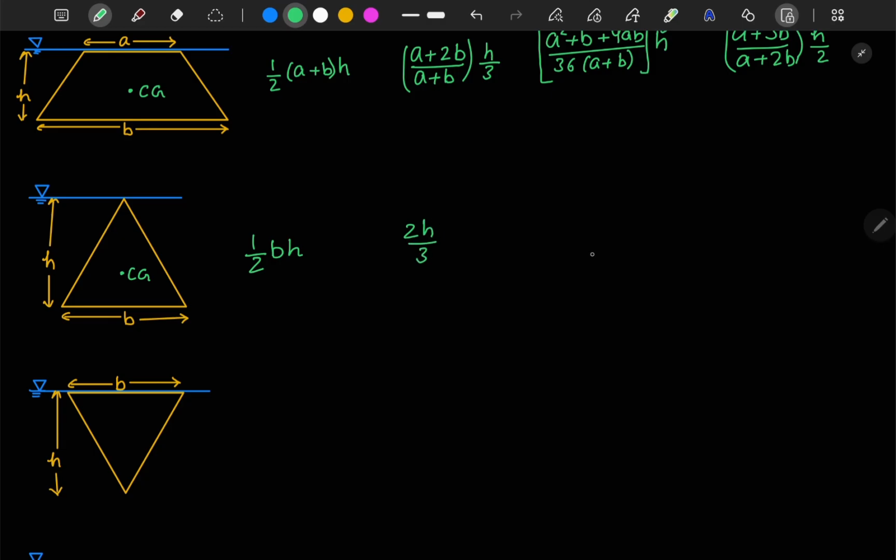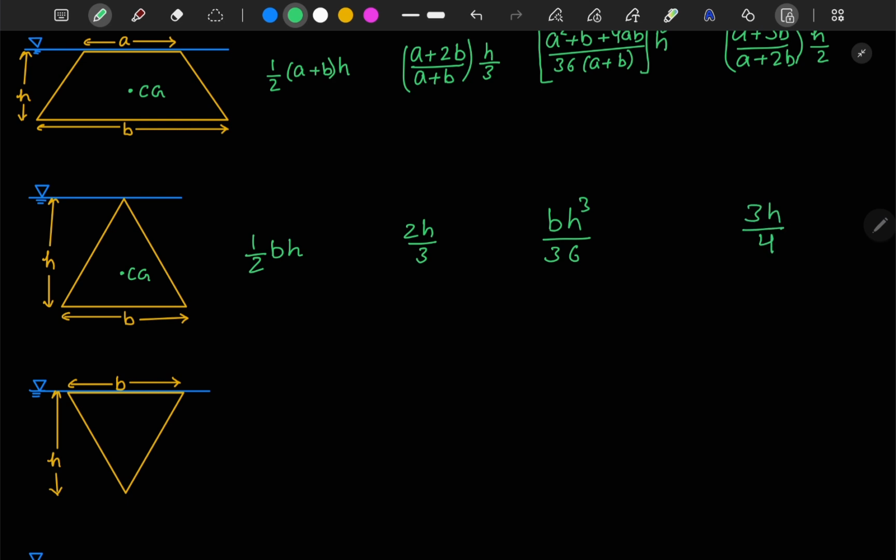I about CG will be bh cube by 36, and your center of pressure depth will be 3h by 4.